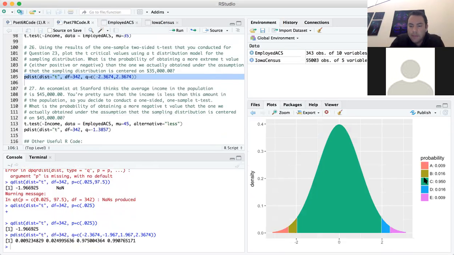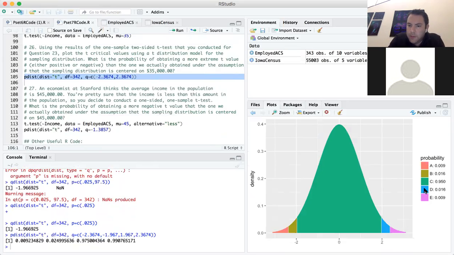What we're looking at in this blue region, so just imagine this whole region is shaded blue, this is representative of the blue plus the purple, which is an alpha of 2.5% on each side.